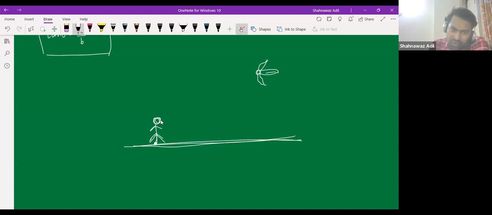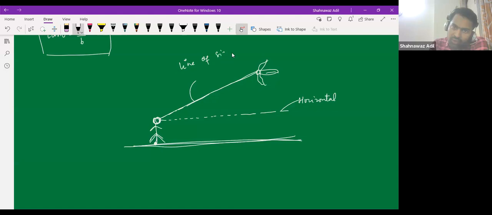So this is the horizontal line of this person, and whatever line is connecting these two objects is called the line of sight. From whatever line we are seeing this object, that is the line of sight.